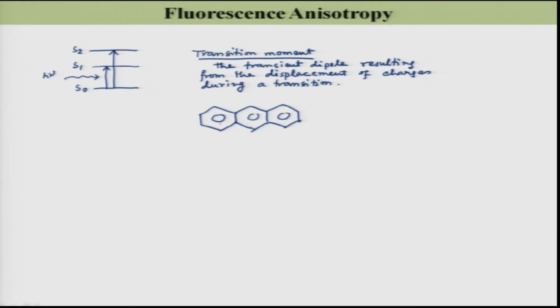For these transitions, there will obviously be a change in the electron density of this molecule, from HOMO to LUMO, or HOMO to LUMO plus 1, HOMO to LUMO plus 2, depending on the situation.